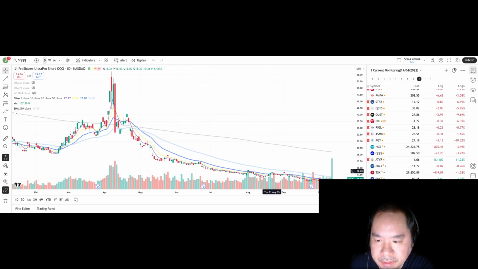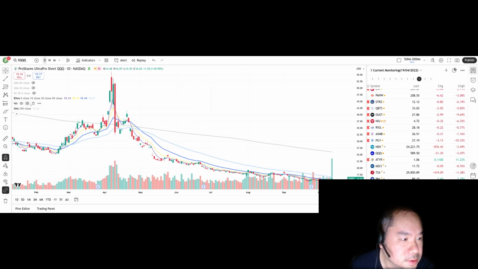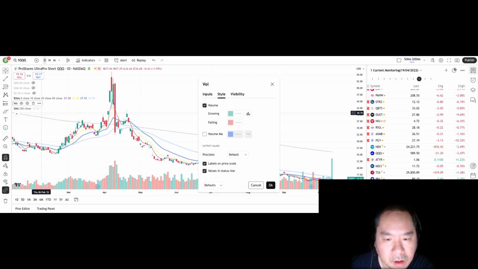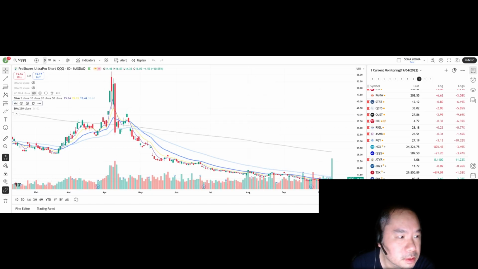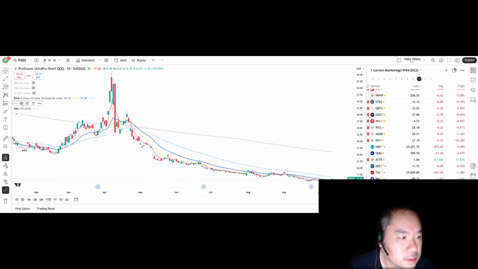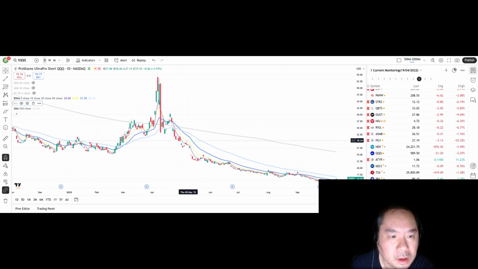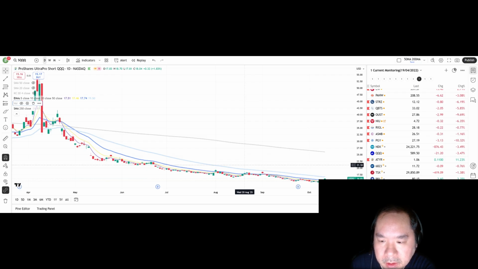This SQQQ rose about 10% last Friday. I'm going to put on a buy order of the SQQQ, because SQQQ will drop about 5%.